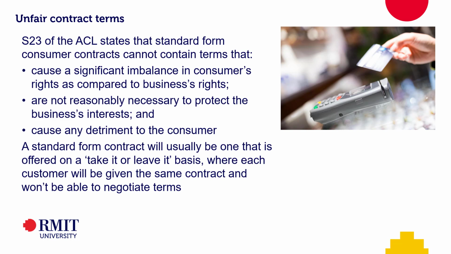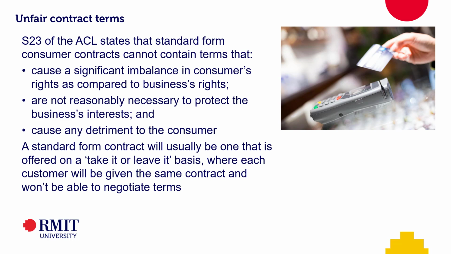So what do they do? Section 23 says that a standard form consumer contract must not contain terms that cause a significant imbalance in consumers' rights as compared to the business's rights, are not reasonably necessary to protect the business's interests, and cause detriment. So it's a cumulative test. There needs to be a significant imbalance that is not reasonably necessary for the business and causes detriment.